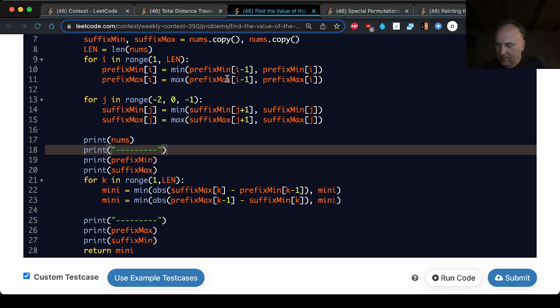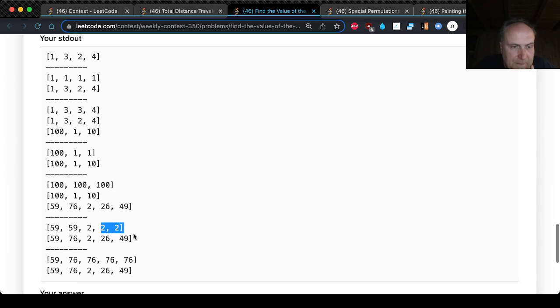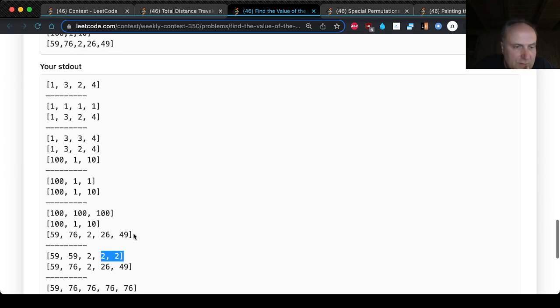So it should be 59, 7, 59, right? So 59, 59, 2. Oh, it's this one. And then, okay, so that's good. So suffix max is not working.